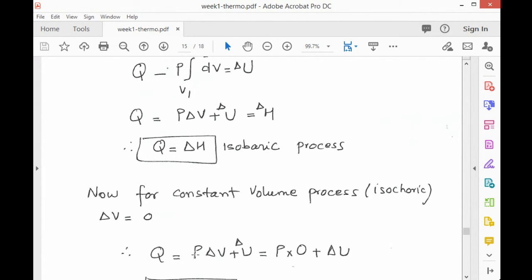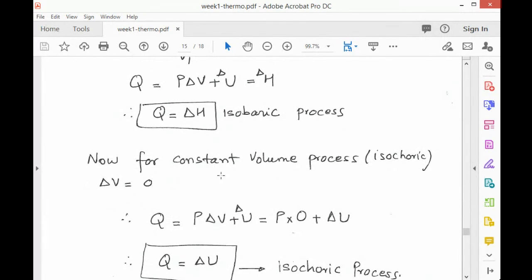So P into delta V is 0, so Q is equal to delta U. So for an isobaric process Q is delta H, whereas for an isochoric process Q is equal to delta U. Now you can see that Q depends on the process. Remember this: Q depends on the process, unlike delta U.